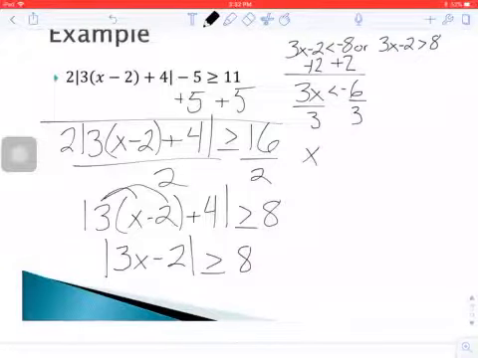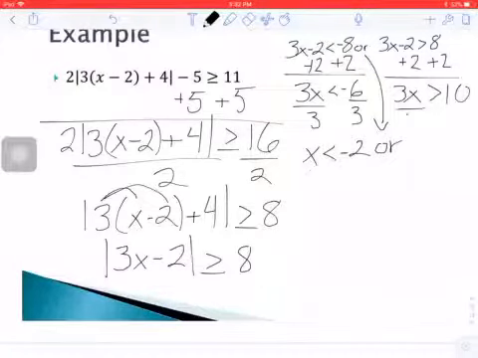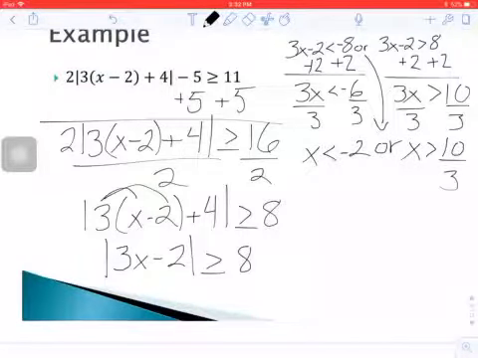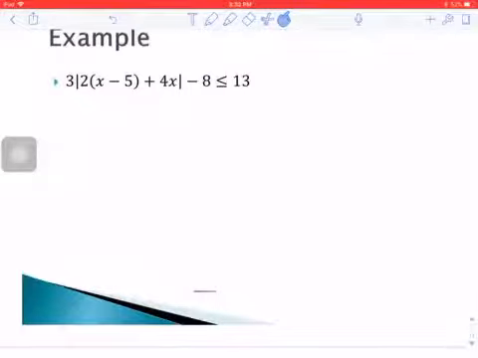X is going to be less than negative 2, or, don't forget to bring down the or, and then same thing, add 2, 3x is greater than 10, divide both sides by 3, and x is going to be greater than 10 thirds. That's our other possibility here, okay? And you can graph these things if you need to, but you really shouldn't have to unless it tells you to.